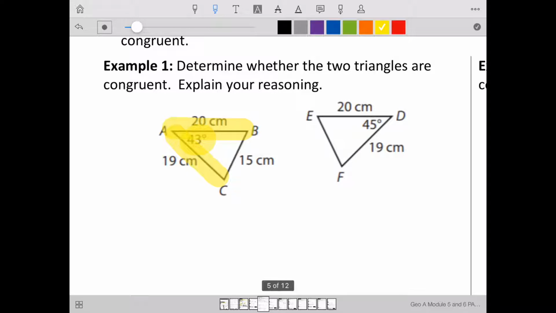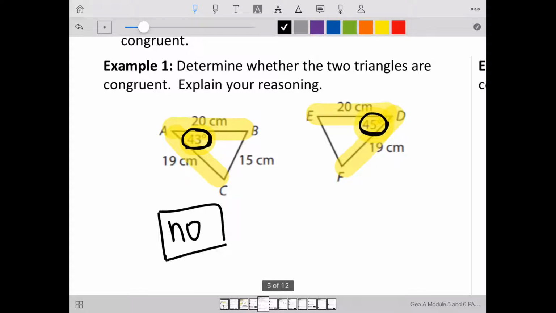In the other triangle, we also have a 19 centimeter side, a 20 centimeter side, but the angle in the middle is not the same. This angle was 43 degrees, this angle's 45. So this time our side, angle, side does not work because our angles are not congruent. So these triangles are not congruent.